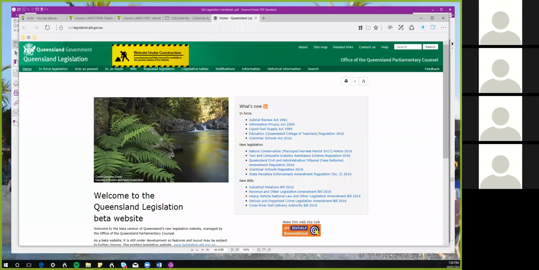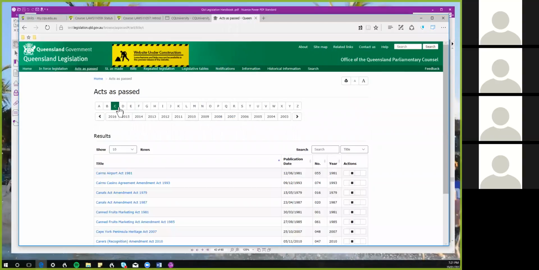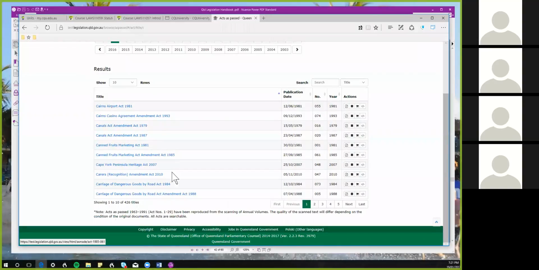It's a good website. I just started to play around with this and get an idea of what's in it. And you'll see, for example, that we have acts as passed, a different layout for that legislation, and very user-friendly.